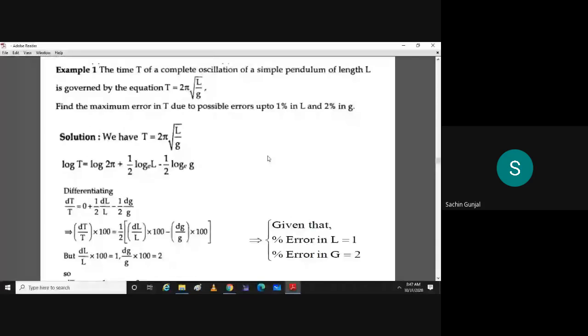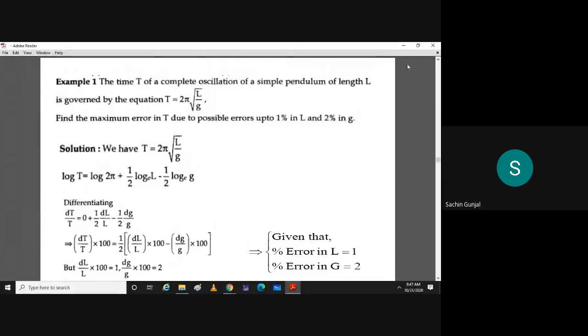Now you can check that the errors given are in percent. So 1% in L and 2% in G. So obviously we need to find percentage error in T. Is that clear to everyone? Yes, sir. Even if it is not mentioned which error you want to find, because there are three types of error.